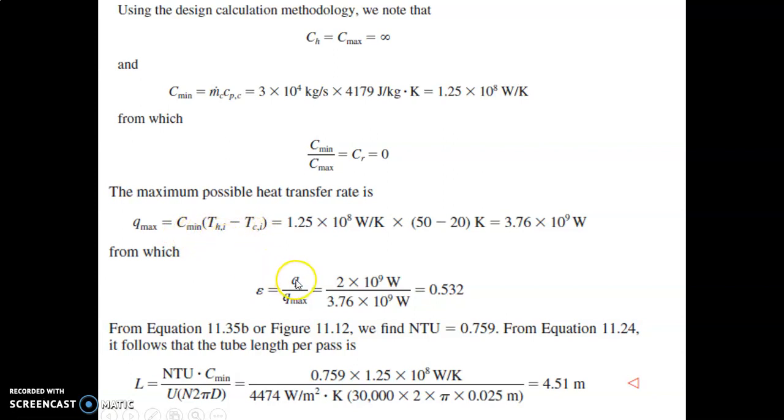Then we can calculate the effectiveness, since the heat is provided in the question and Q_max we have already calculated. By finding the effectiveness, we can calculate the NTU from the chart. Then we can solve the question by finding L from the area, based on the question provided. I wish you the best of luck for your test 2 and the final exam.